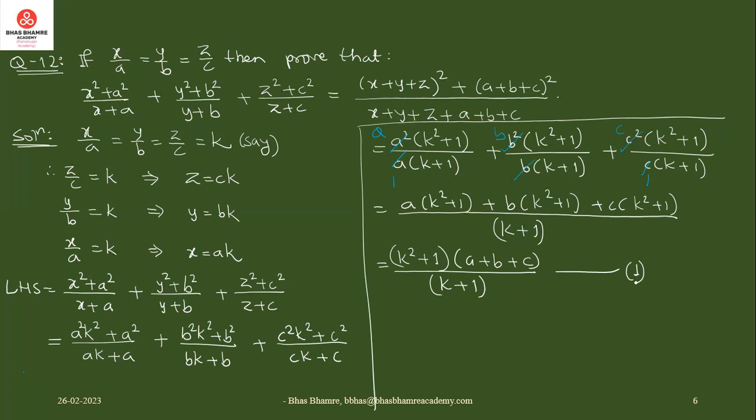Now we are going to take RHS. Yes, I shall write RHS here on the next slide. x plus y plus z the whole square plus a plus b plus c the whole square, totally upon x plus y plus z plus a plus b plus c. Now we need to put the values of x, y, z.